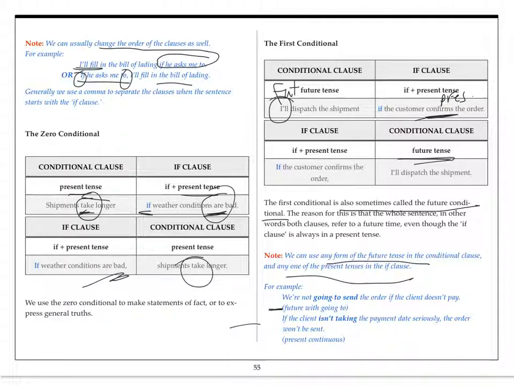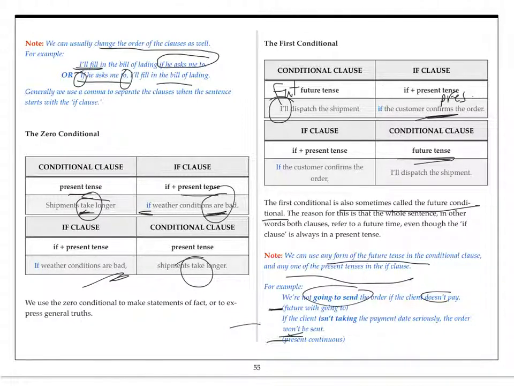Going to, and then the present. In the if clause here, we've used the present continuous: if the client isn't taking the payment date seriously, the order won't be sent. Right?